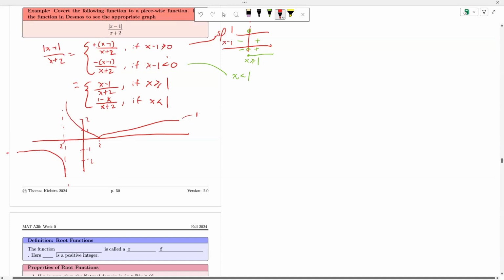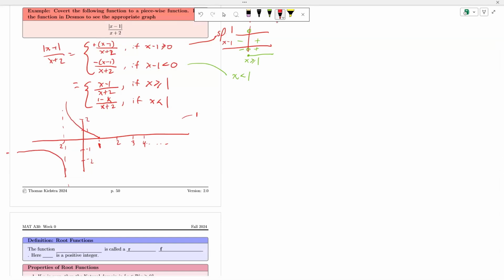And this is at 1, 2, 3, 4, and so on and so forth. And this part of the curve is a little bit steep. It's going to look like that. And we have our expression. I highly encourage you, take this, throw it on Desmos, and see what you get.